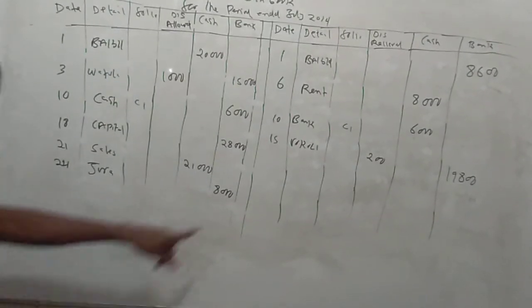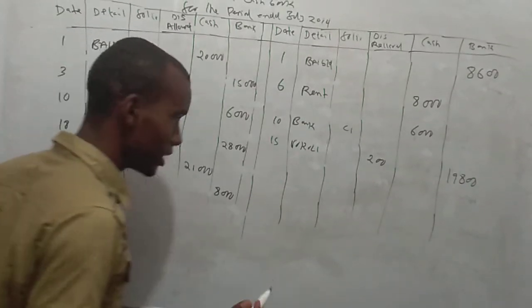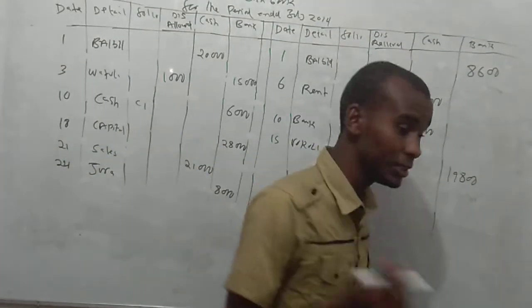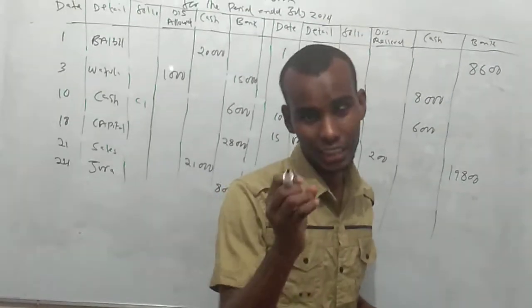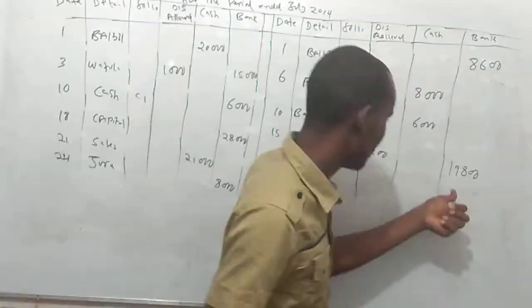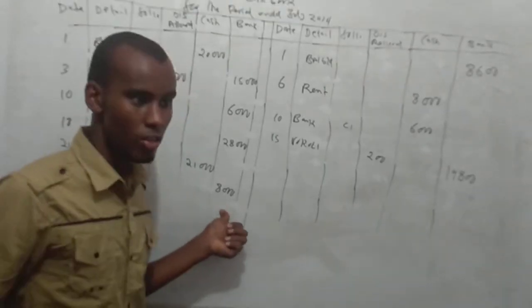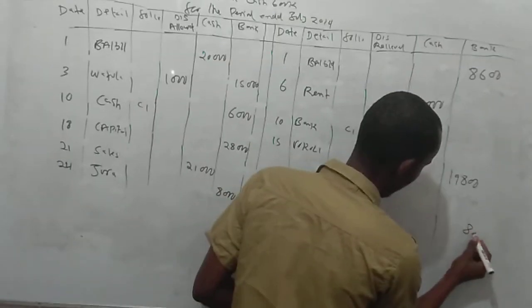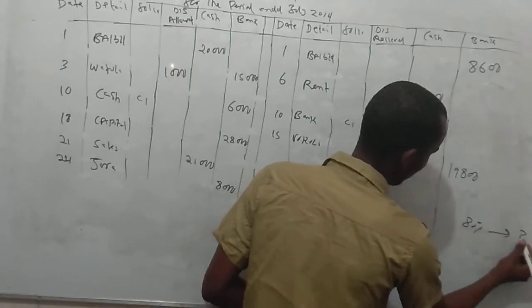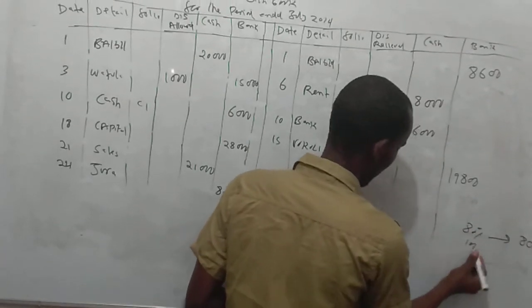So we need to calculate the discount. Remember it is 20%, so 100% minus 20% gives 80%. We equate 80% to this amount. If 80% equates to 8,000, what about 100%?